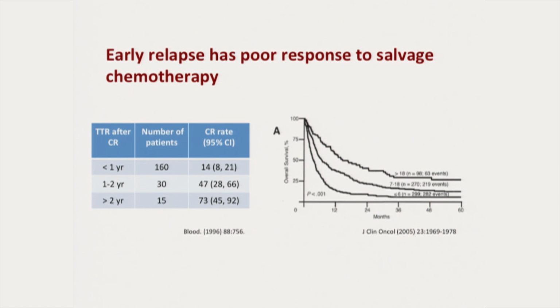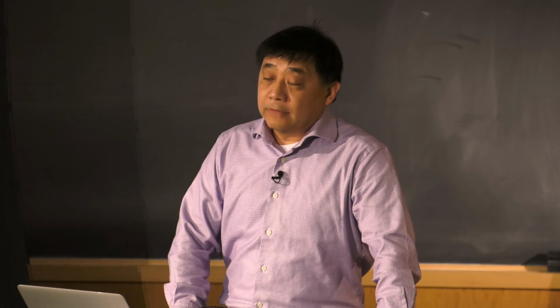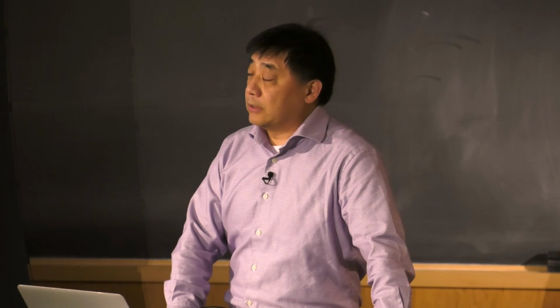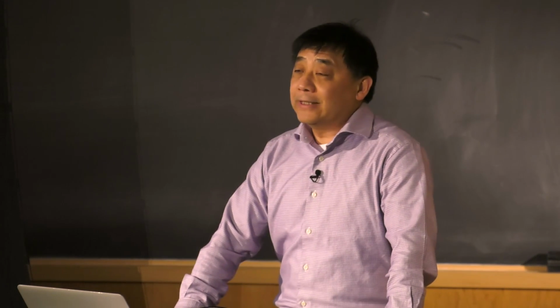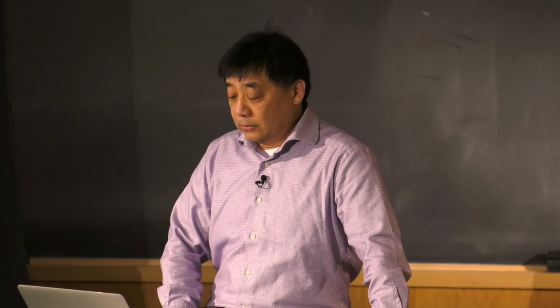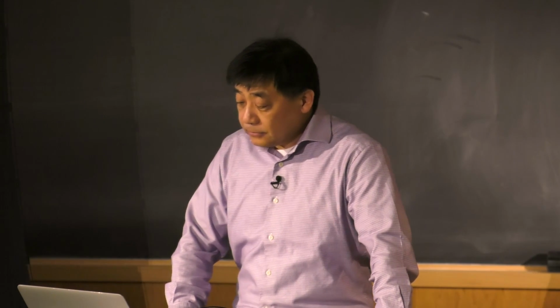They are different. However, at the time of CR, there is no parameter that can help to predict which patient will relapse early, who is going to relapse late, or who is going to have a durable remission.